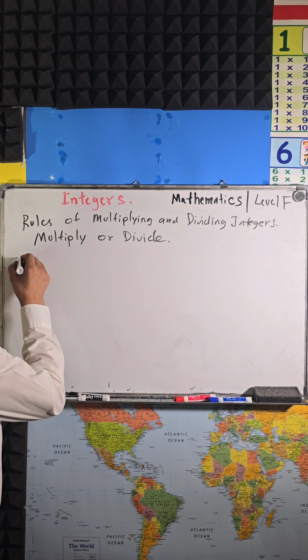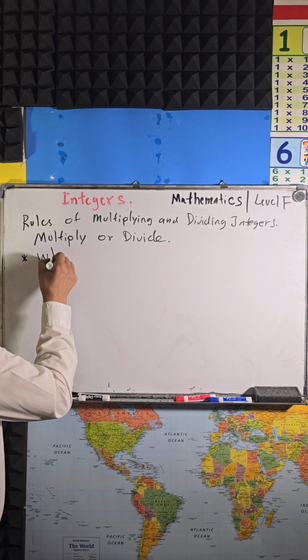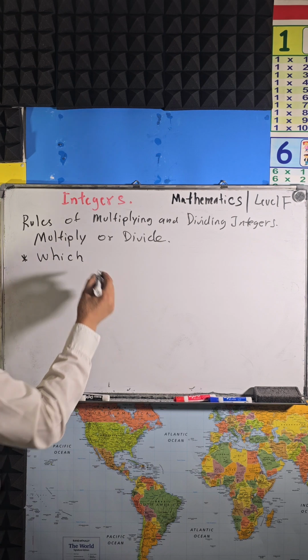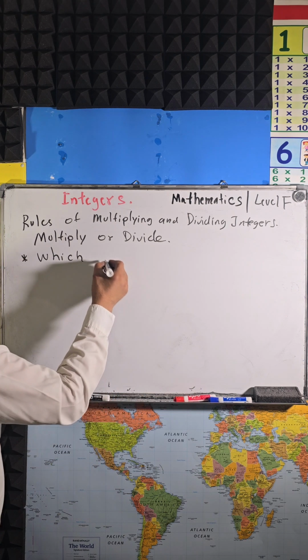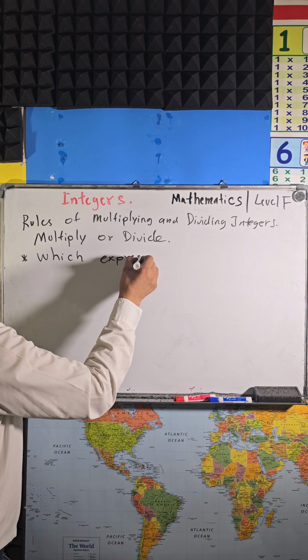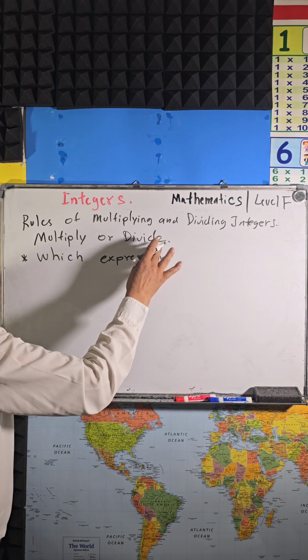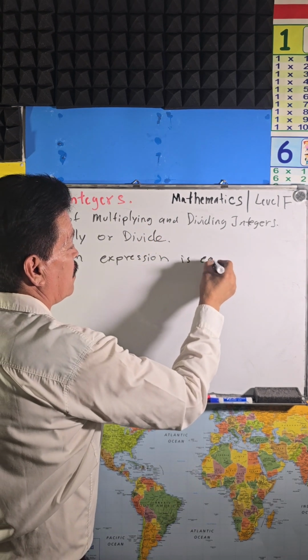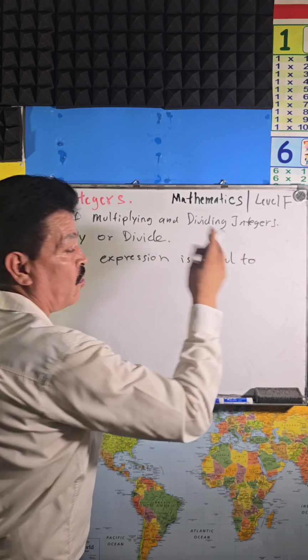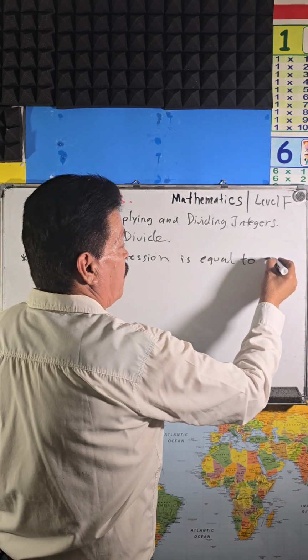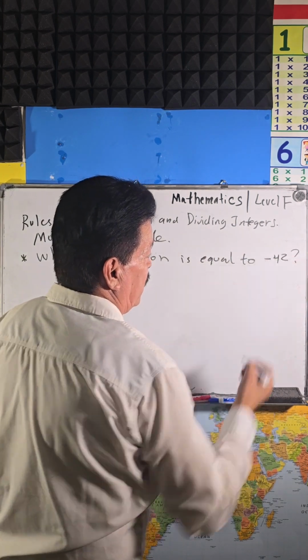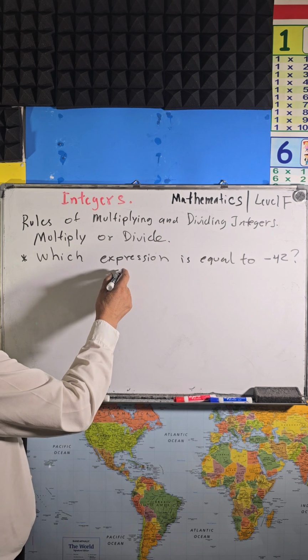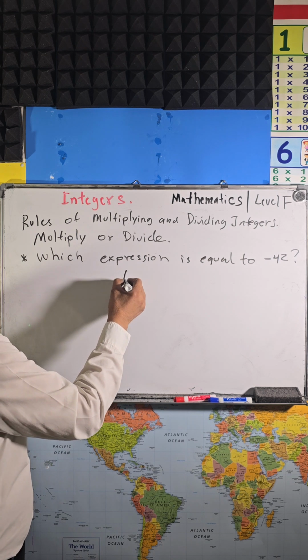For instance, a problem like this. Which expression is equal to negative 42? And then we have this question here.